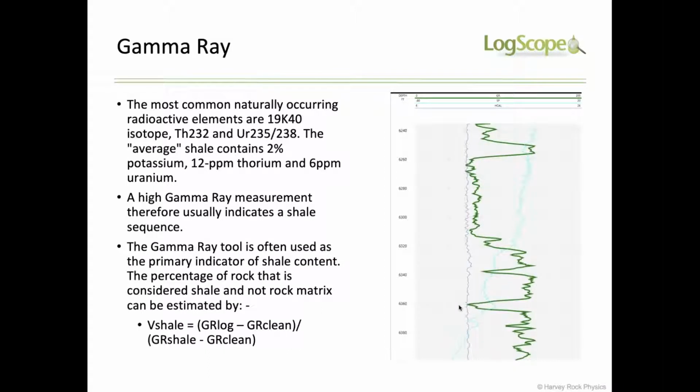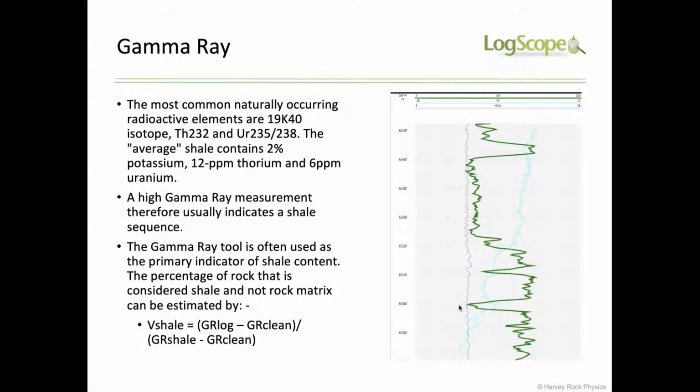So the gamma ray reacts to the amount of radioactive minerals in the rock, which usually evolved from uranium-235, 238, and thorium-232. And that's what gives the high gamma ray value in clays, because they generally are made up of minerals that contain high proportions of the thorium and uranium.